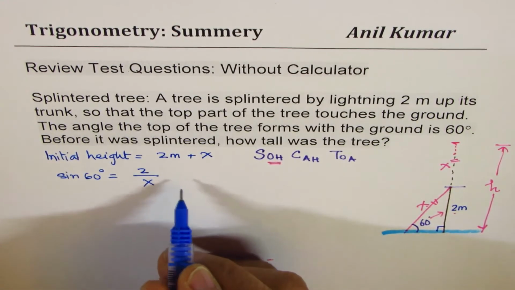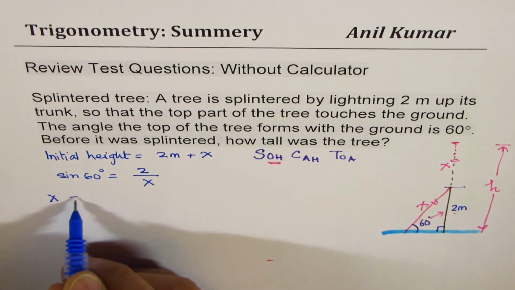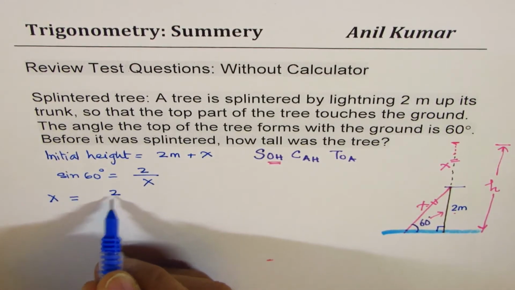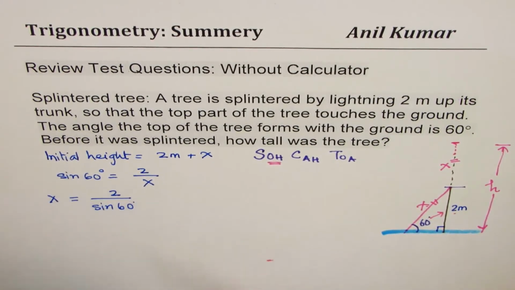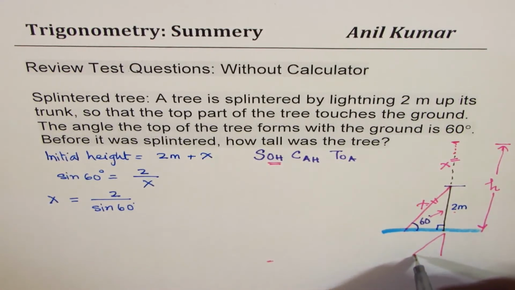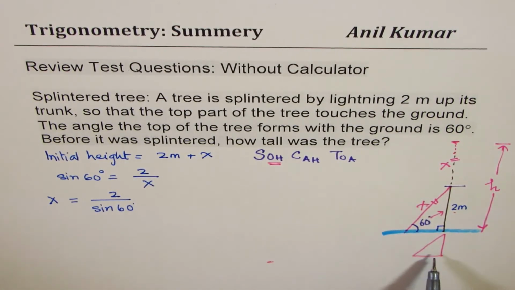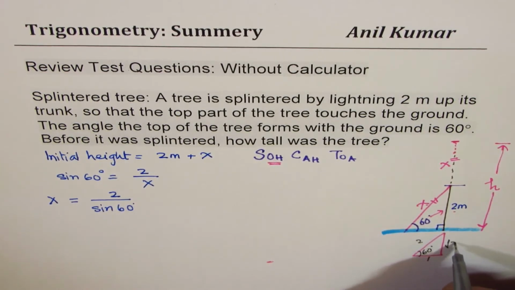Now from here, we can write what x is. We can say x is equal to 2 divided by sine of 60 degrees. So just cross multiply. Now how do we know what is sine of 60 degrees? Well, let's look into our special triangle. We are going to use this special triangle to evaluate sine 60. In a special triangle, that angle is 60 degrees, the sides are 1, 2 and square root of 3.